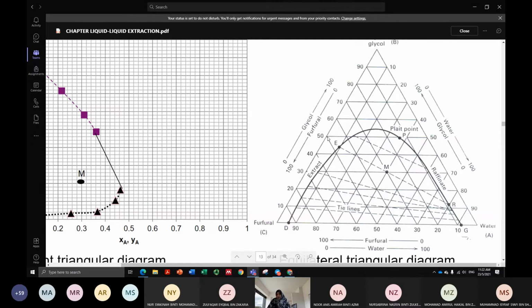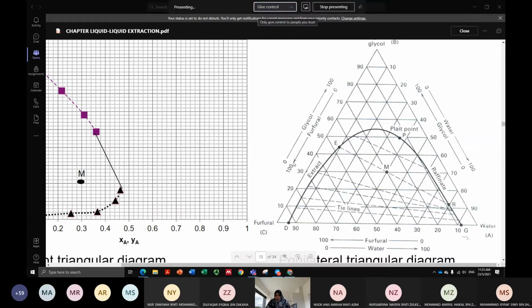If you want to know the C, if you don't want to read from the graph, you can just use the weight fraction. To find your C, it should be 1 minus 0.37 minus 0.5. So your answer should be 0.13. Let's check from the diagram.